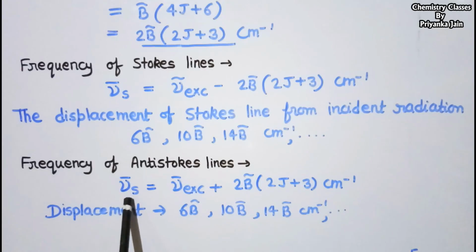So the frequency of the anti-Stokes line will be equal to nu bar of the excitation plus 2B bar times (2J plus 3) centimeter minus 1. And in this case also the displacement will be same. It means the first line will have a separation of 6B bar, the second line 10B bar, and the third line 14B bar centimeter minus 1.